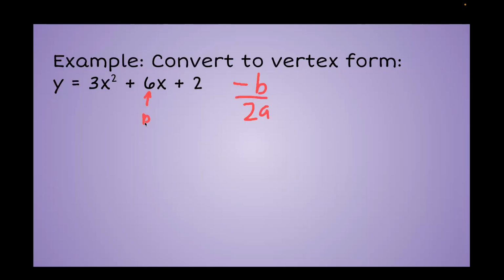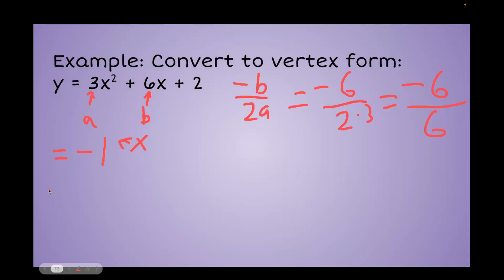This is b. This is a. So it's negative 6 over 2 times 3, which is negative 6 over 6, which is negative 1. When you're dividing a negative thing and a positive thing, it's negative. Okay, so this is our x.